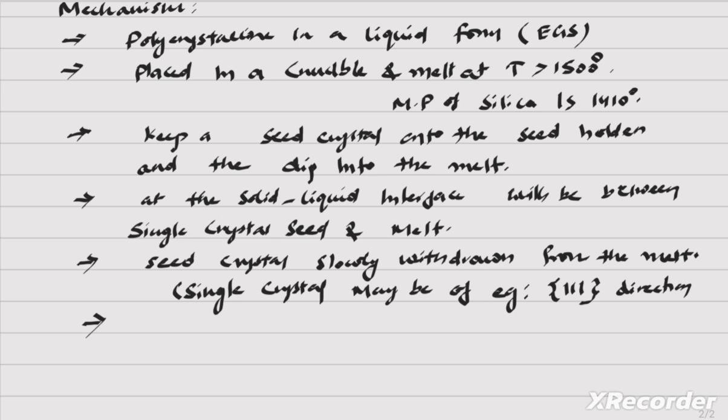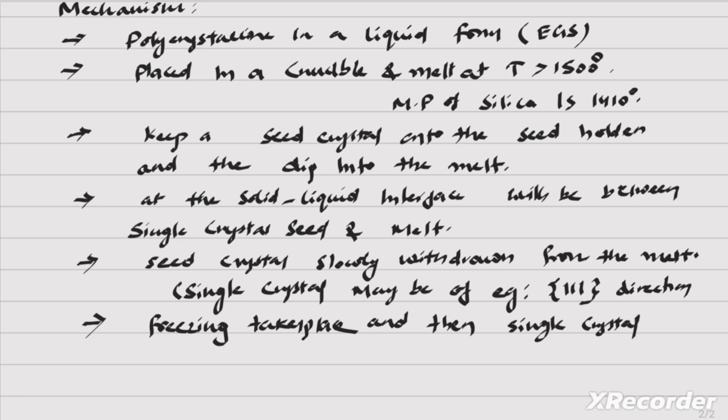Whenever the seed crystal is withdrawn from the melt, slow freezing takes place, and then the single crystal interface yields a large single crystal.